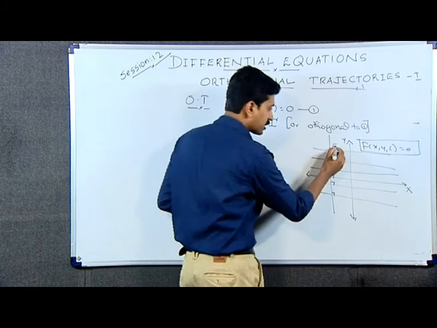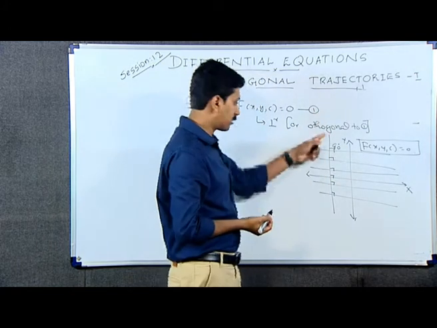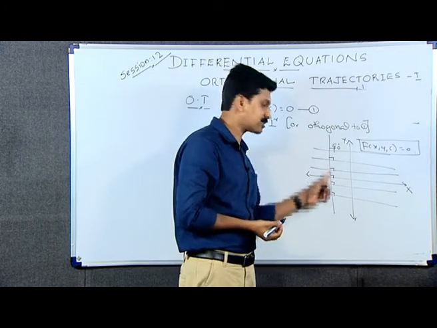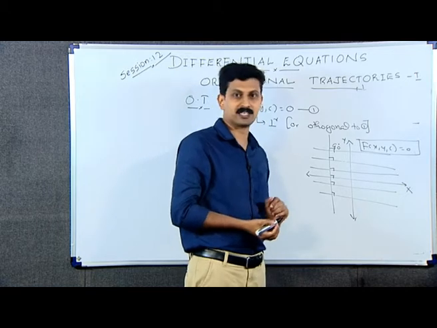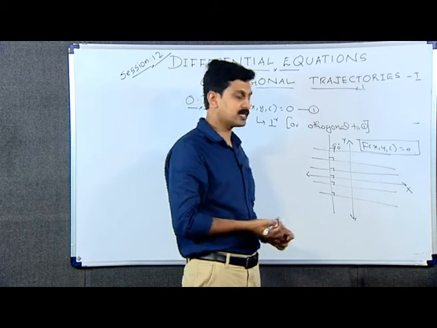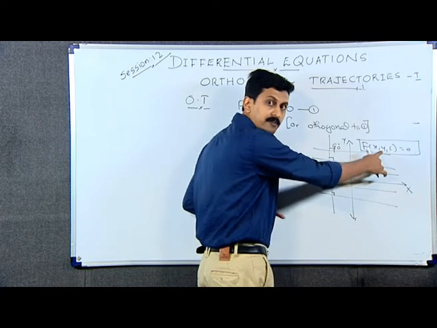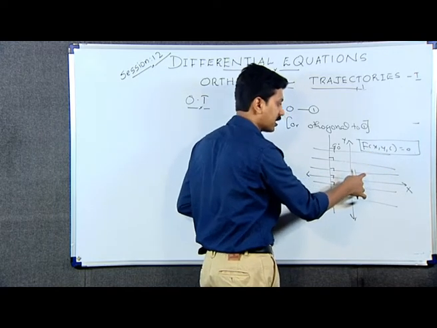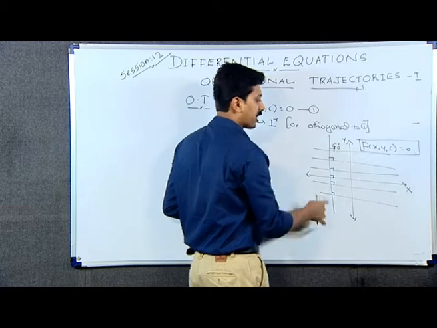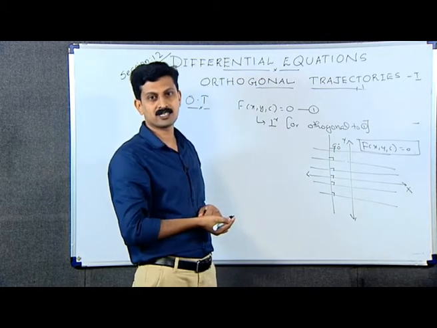So, we can say that. What about this line? This line is a straight line parallel to the y axis. So the orthogonal trajectories of the family of straight lines parallel to the x axis are the lines parallel to the y axis.